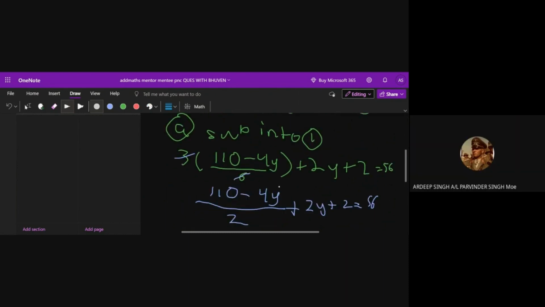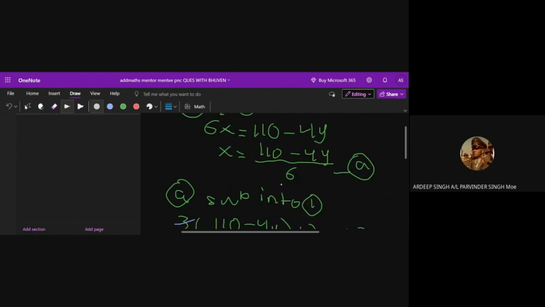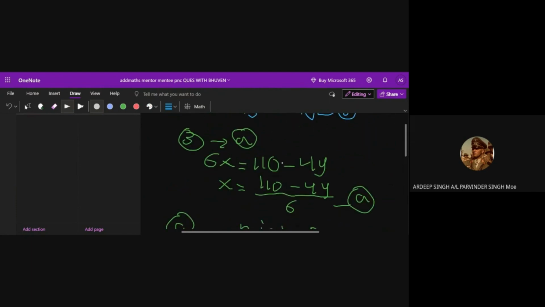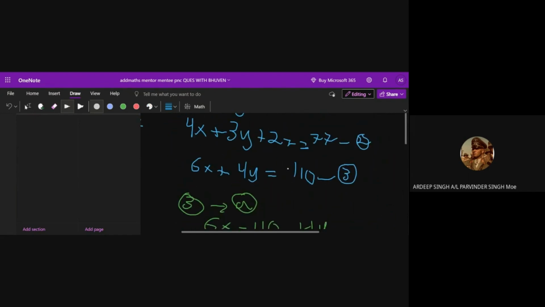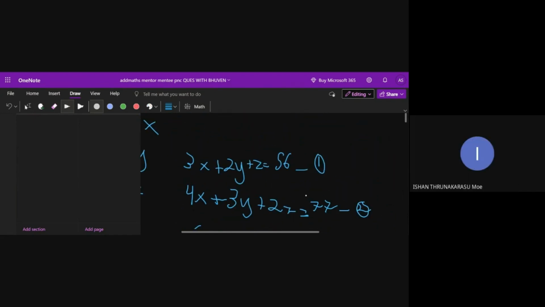Okay, so we already got the z value. As we said, we must make another equation. So we know A already, so this z value we can substitute in the second equation.